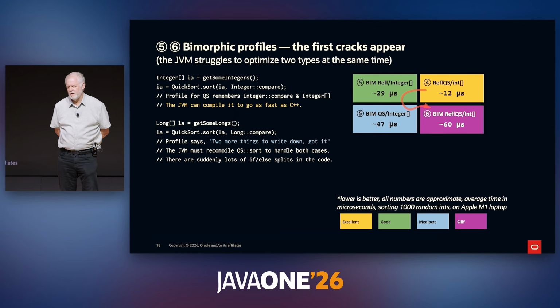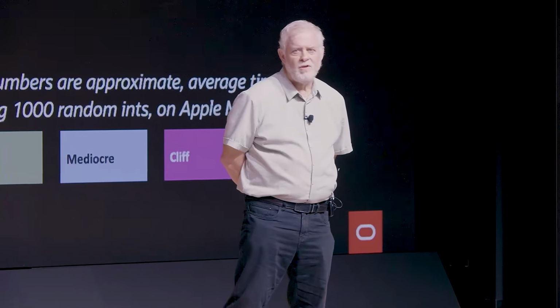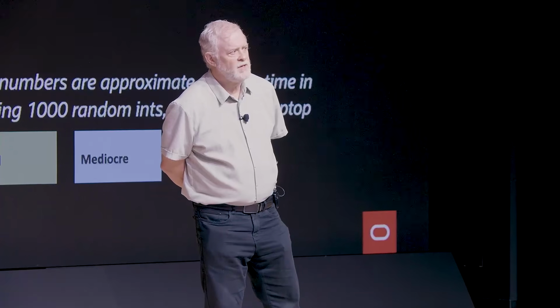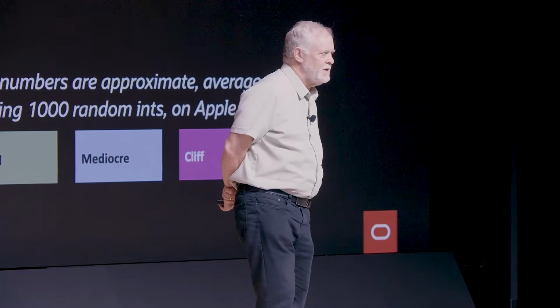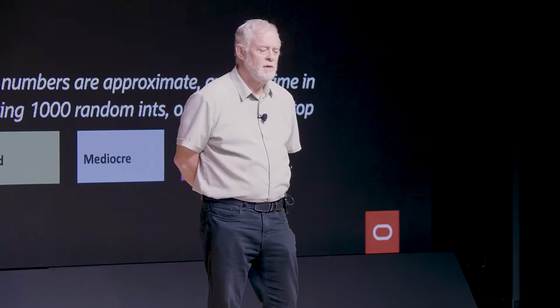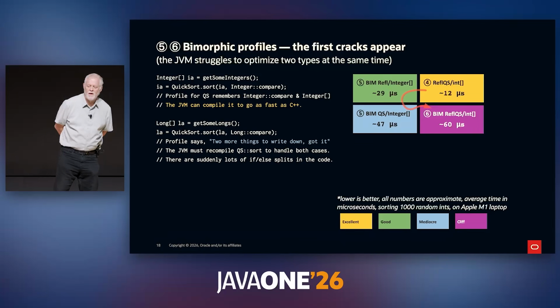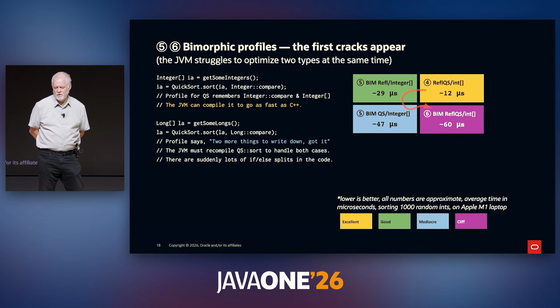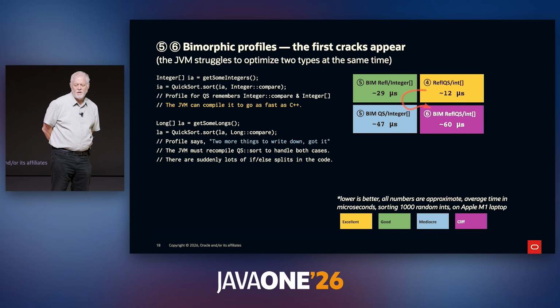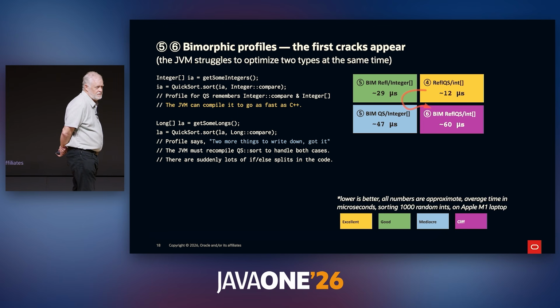I didn't investigate it. But this is typical. You can't stay on the edge of the cliff very long before you fall all the way off. And so that's what happened here. One input, the VM was able to manage not too terrible, mediocre style. And the other input, it just fell off the cliff. And the algorithms, as you saw, are very similar, but there's slightly different optimizations going on.